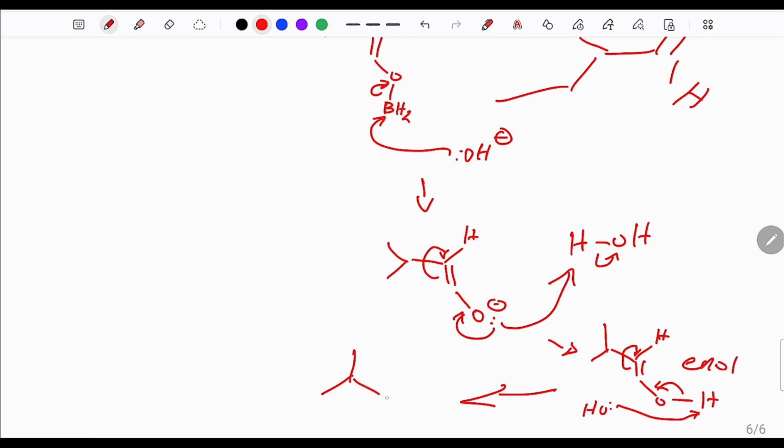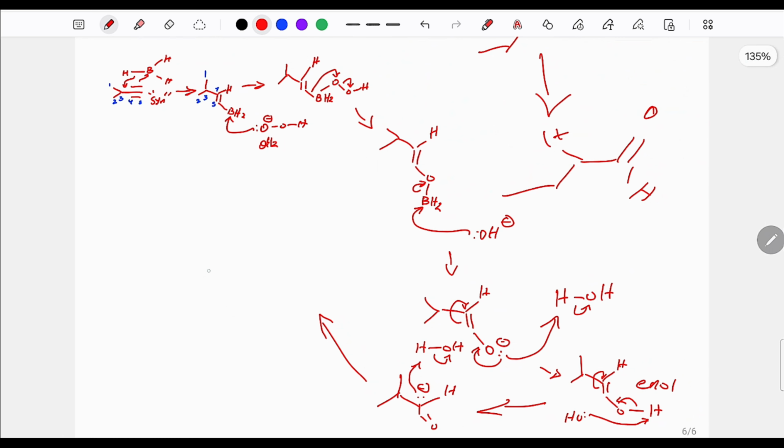Boom, boom, boom. And this negative charge will grab that, and voila, we have got ourselves a final alcohol product. Not alcohol, aldehyde product.